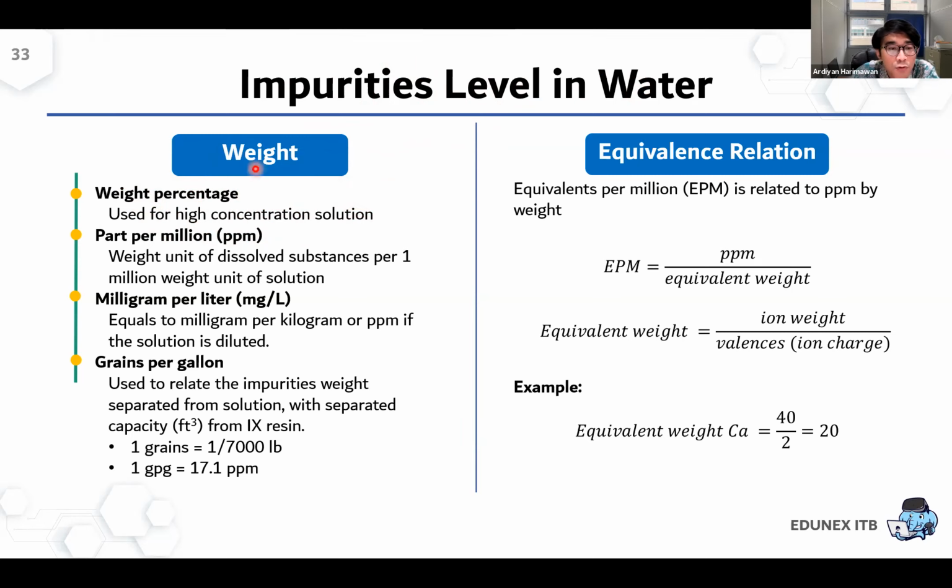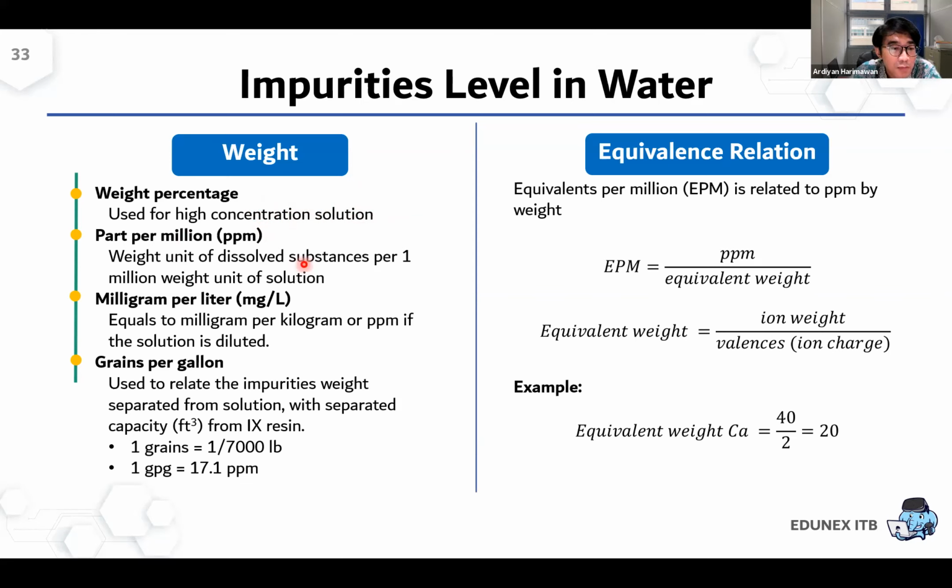But for the impurities in the water, like the total dissolved solids, we rarely use percentage, because percentage is mostly used if you have a high concentration of dissolved solids in the water. Yeah.